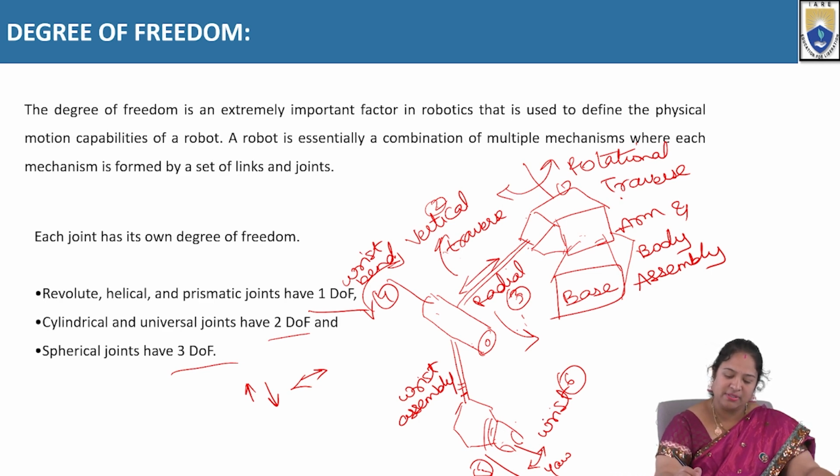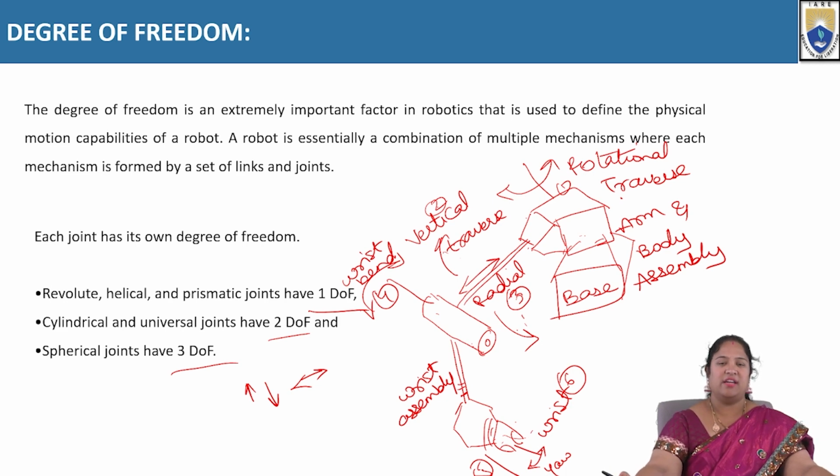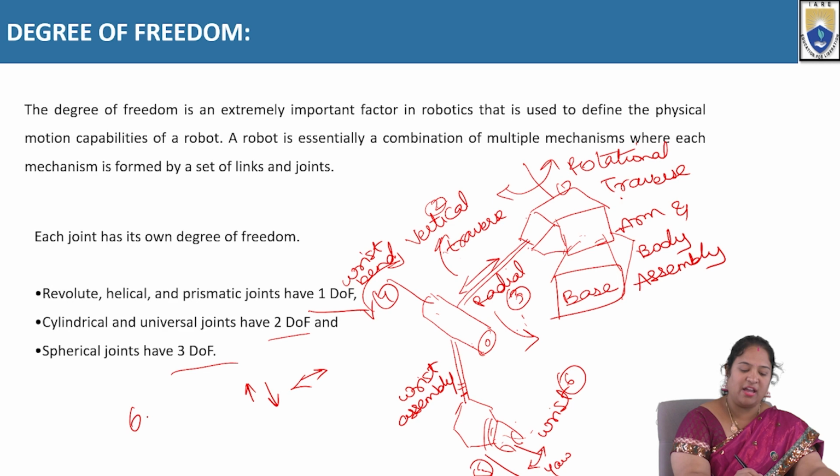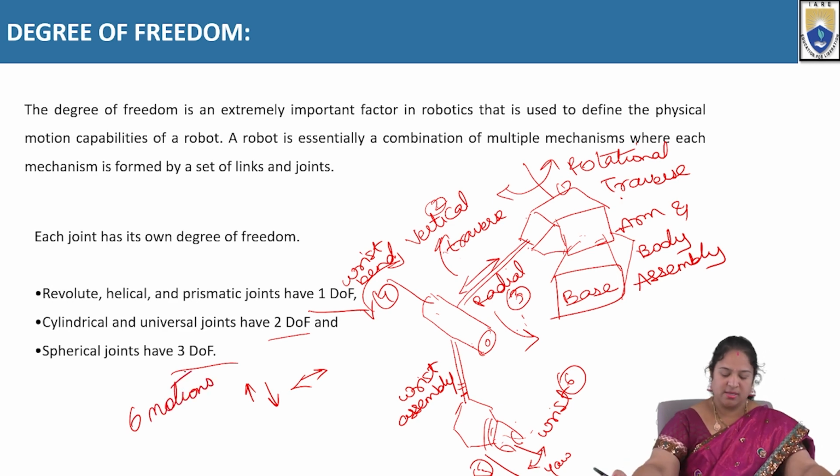And this particular wrist is also moving in the rotational direction depending upon the requirement. So here totally we have 6 motions taking place for any particular robot.